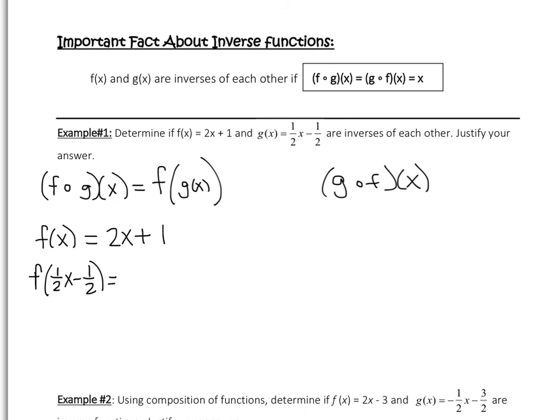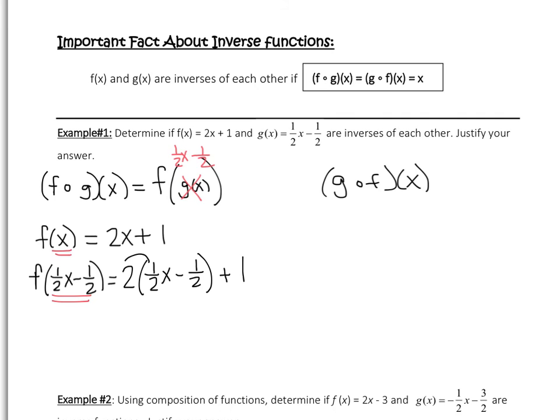Where that came from was, well, I just replaced this g of x with what it was equal to, the 1/2 x minus 1/2 from right here. So I'm putting into the f function this. So now everywhere I see an x, I'm going to put this instead. So I've got 2 times 1/2 x minus 1/2 plus 1.